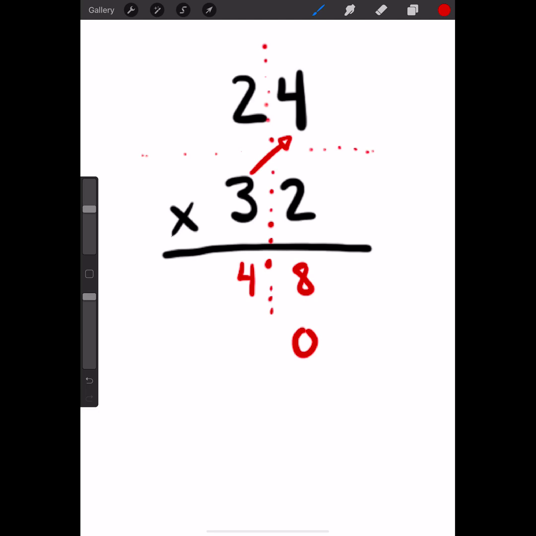Now, just like I do when I'm doing my other processes, I'm going to write the 2 below, and I'm going to carry the 1 over. 3 times 2 is 6, and now I add the 1. I have to remember that I add the 1. 3 times 2 is 6, plus 1 is 7. That means that my answer is 8 plus 0 is 8, 4 plus 2 is 6, 768.